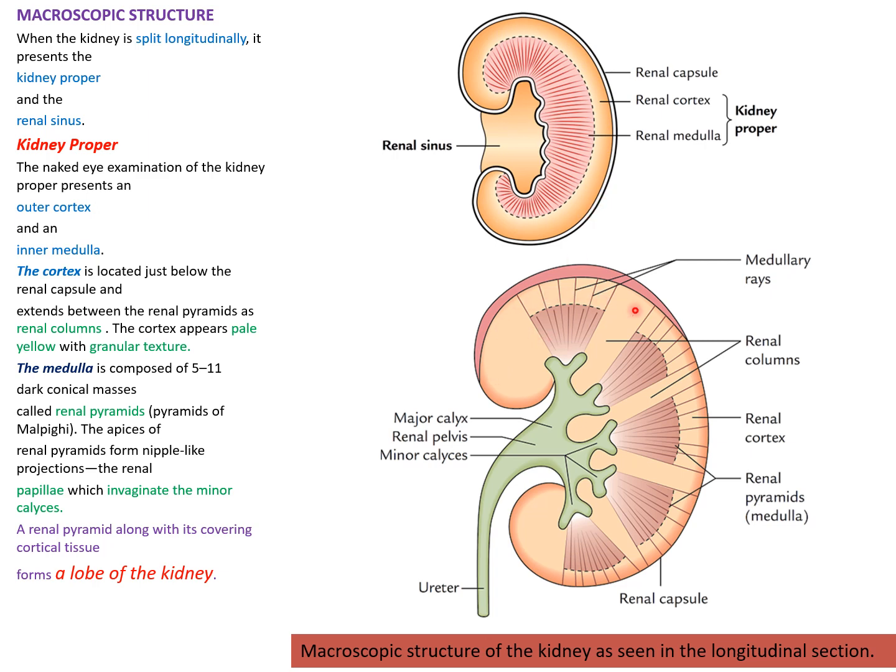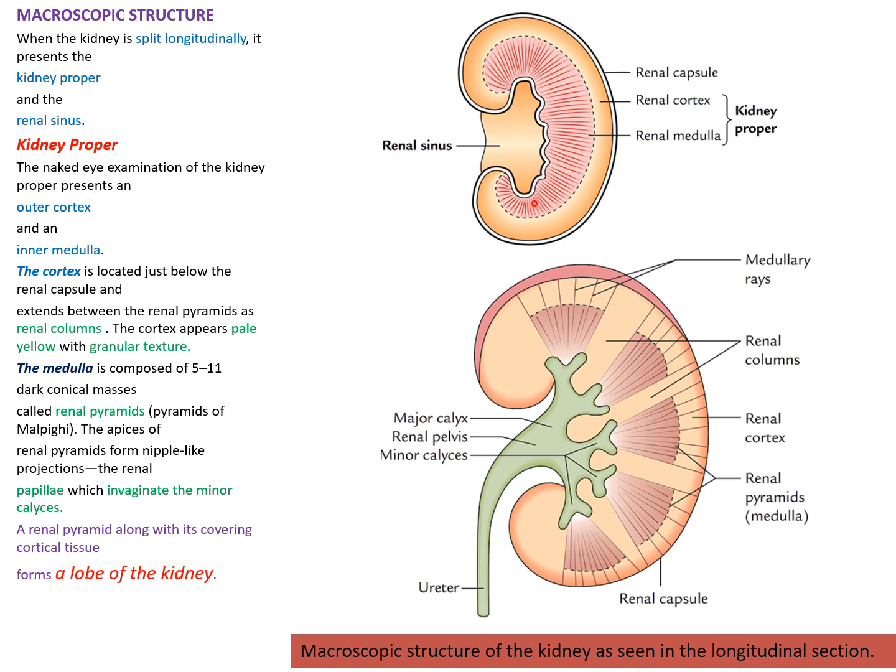This is the renal cortex. The renal cortex also extends into the medulla between the renal pyramids, and these extensions are called renal columns. So these are renal columns. These are extensions of the cortex of the kidney.